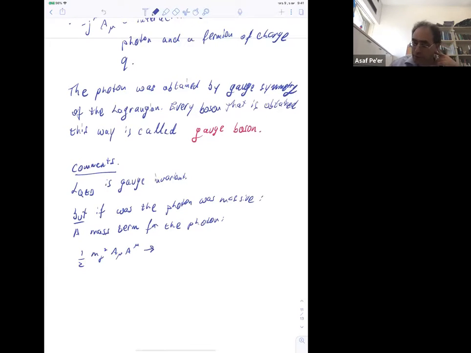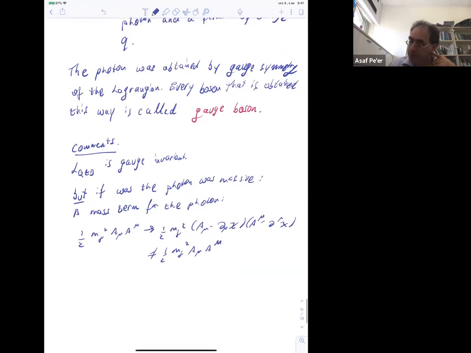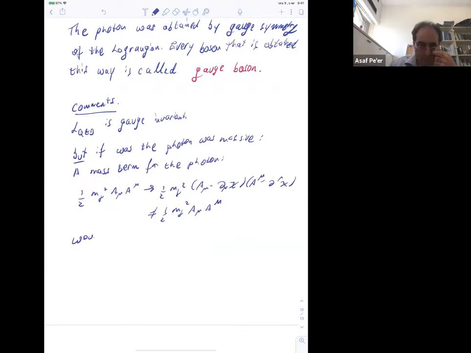That would transform to 1/2 m_gamma squared (A_mu minus d_mu chi)(A^mu minus d^mu chi). And that, of course, is not the same as 1/2 m_gamma squared A_mu A^mu. So this would break the symmetry and would make the Lagrangian not gauge invariant.